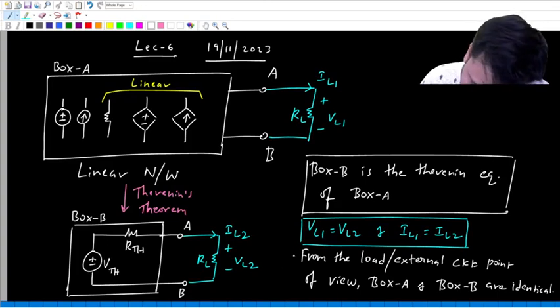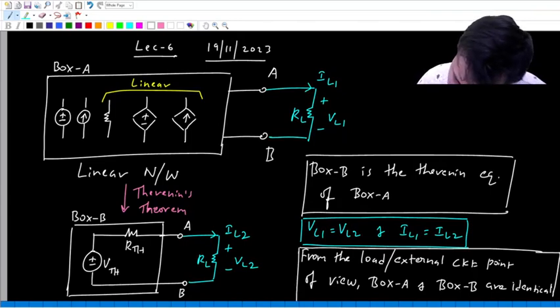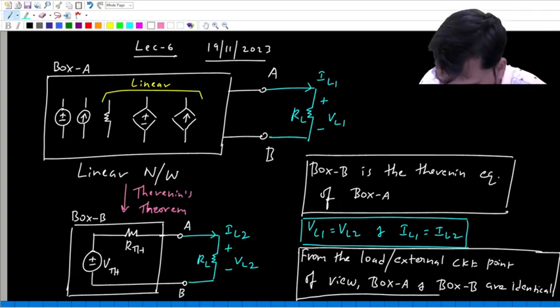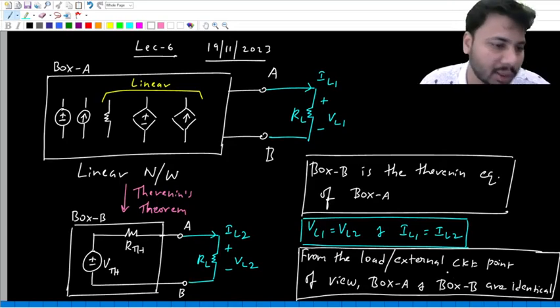I hope you get the point. So it is only from the external circuit point of view or the load point of view that Box A and Box B are identical.